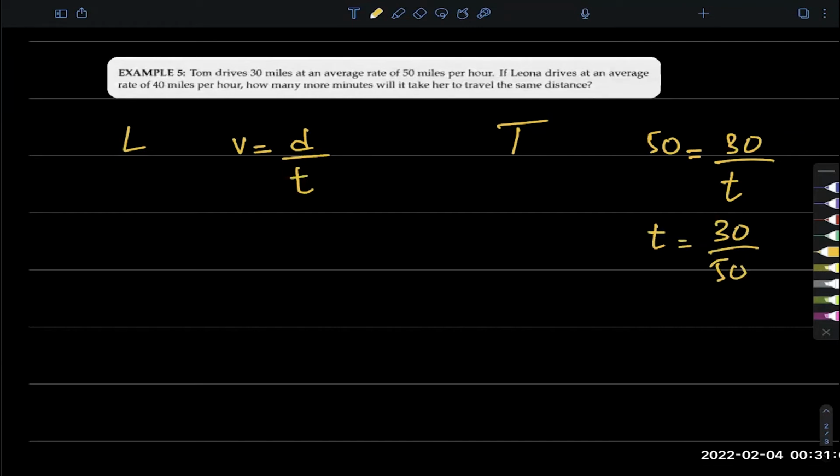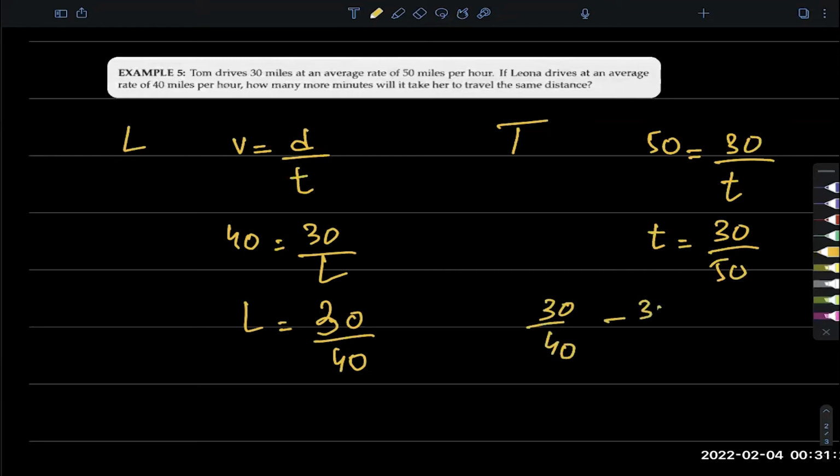And Leona will go 40 miles per hour for the same distance, so Leona's time is going to be 30 over 40. We just want to know who takes more time. 30 over 40 is bigger than 30 over 50. So the answer is 0.15 hours, which times 60 is 9 minutes.